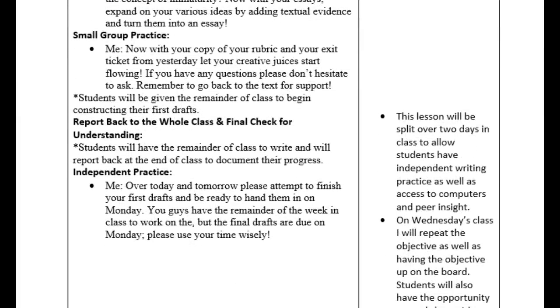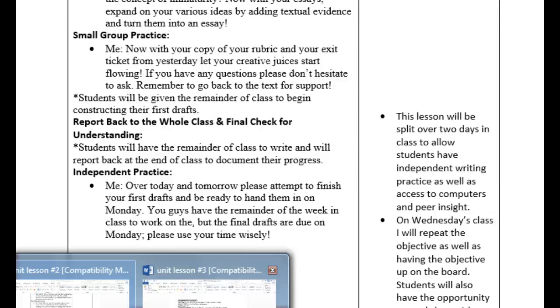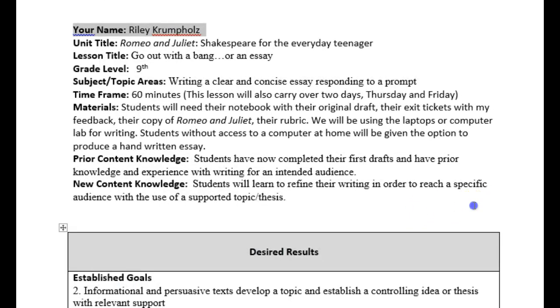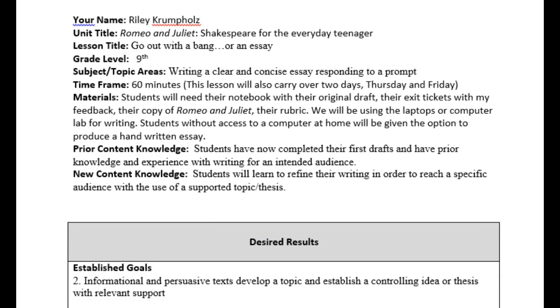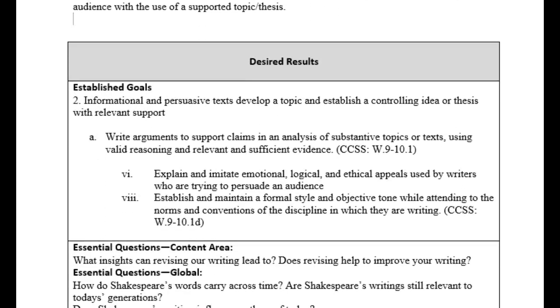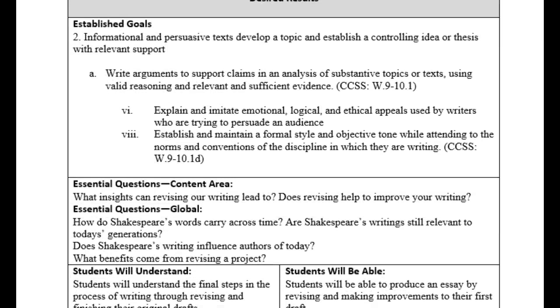Okay, let's look at your third lesson plan. In this one, I think your evidence outcome is well chosen for this, establishing and maintaining a formal style and an objective tone, okay? But if that's the evidence outcome you're going to put in here, you should be using those words, style and tone, in your particular lesson plan, okay?